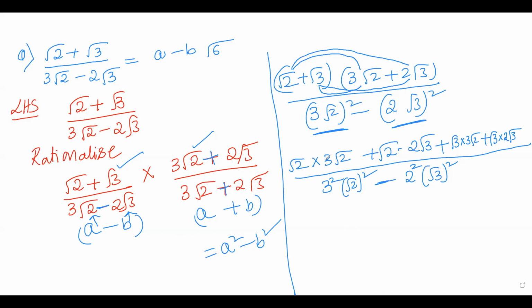Let's write the next step. Root 2 into root 2 is how much? 3 root 2 whole square. Root 2 into root 3, 2 root 6. Root 3 into root 2, 3 root 6.